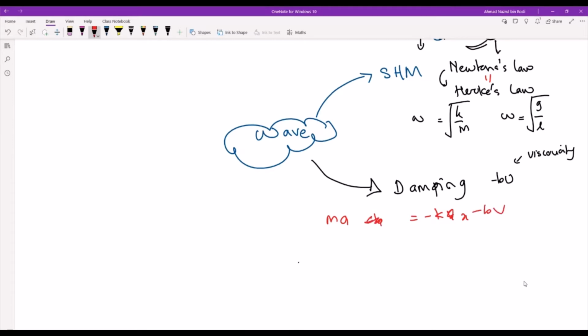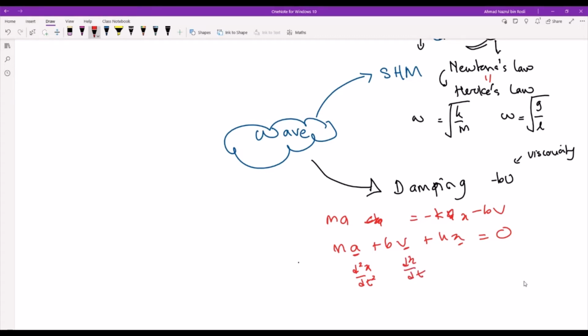So we have ma plus bv plus kx equal to 0, where a is the acceleration, v is the velocity, x is the distance. A is d squared x over dt squared, the double differentiation of the distance; v is dx over dt; and x is x.